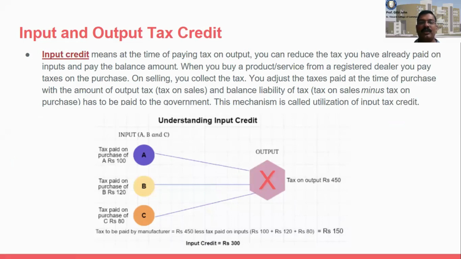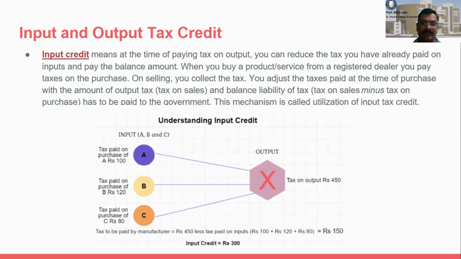On selling, you collect the tax. You adjust the taxes paid at the time of purchase with the amount of output tax, or tax on sale, and the balance tax is paid. Tax on sale minus tax on purchases has to be paid to the government. This mechanism is called utilization of input tax credit.